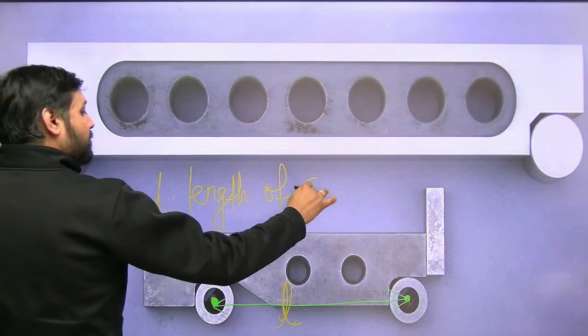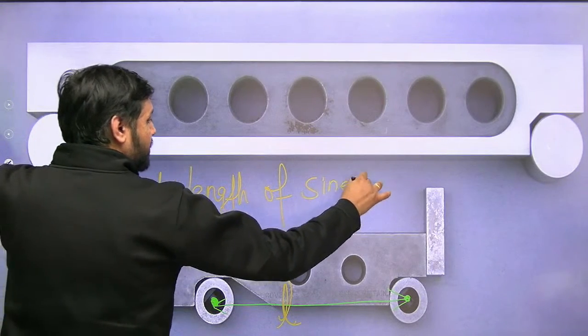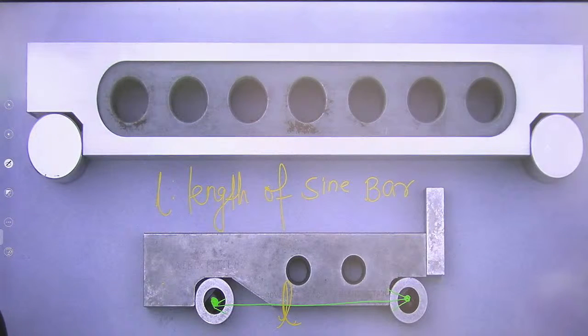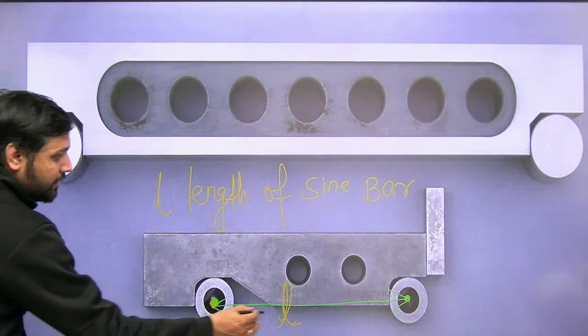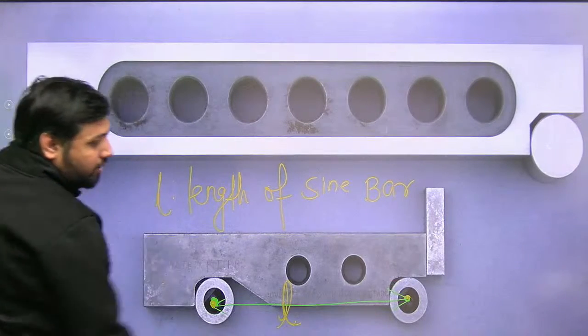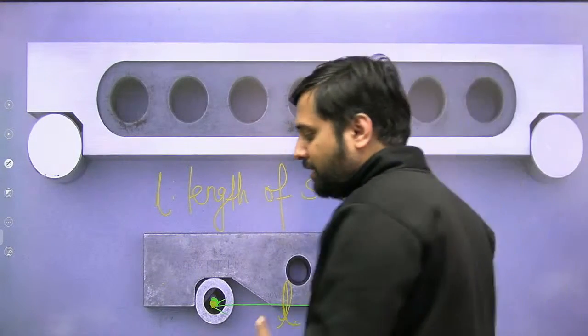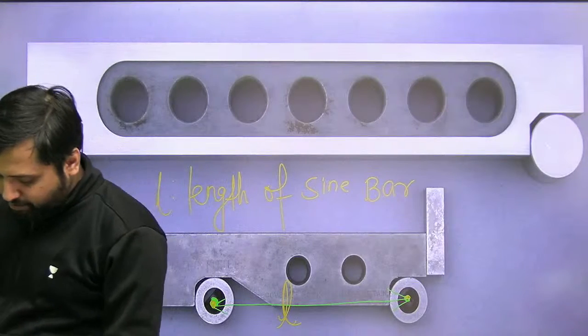Okay, if someone asks you, sir, what is the length of the sine bar, you can easily answer that the length of the sine bar is the center distance between the two rollers, which have equal diameter and which you are using with the sine bar. Yes, my dear students.